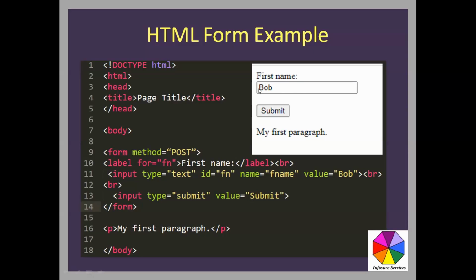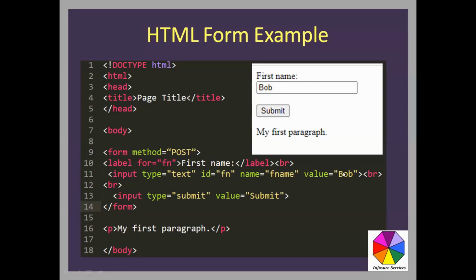All the time you can have a text box by itself with an input tag type equal to text. But when you have to put a label, you will always see an ID equal to fn. So it's saying for that ID, the label is first name. This is how it links: for equal to whatever the value of this ID. So that's the label, just sitting on top of this text box.